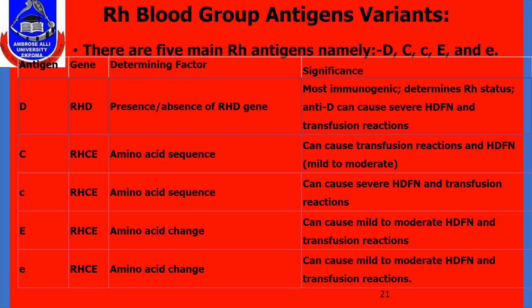And you have the same for capital E and small letter e. Now, the presence or absence of Rhesus factor D gene and the amino acid sequences associated with them are presented. Then this table also shows the importance of these Rhesus factors in transfusion.